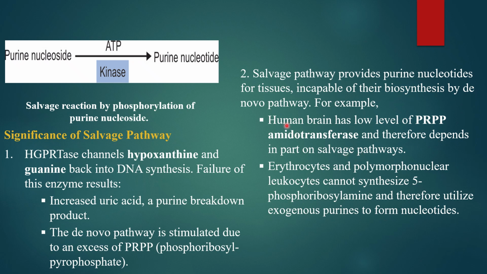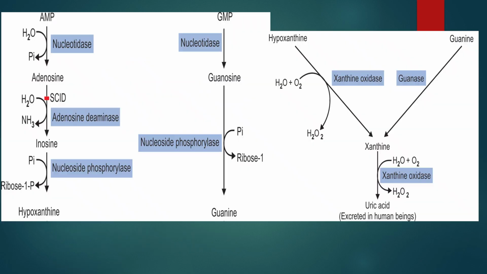Here comes the importance of the salvage pathway. Secondarily, erythrocytes and polymorphonuclear leukocytes cannot synthesize 5-phosphoribosylamine, and therefore utilize exogenous purines to form nucleotides via the salvage pathway. So in these tissues, the salvage pathway has special importance.